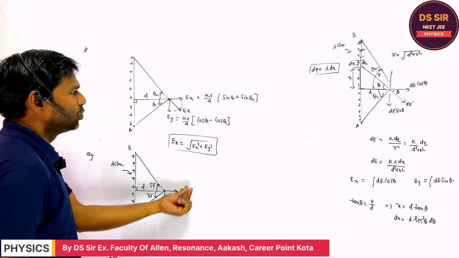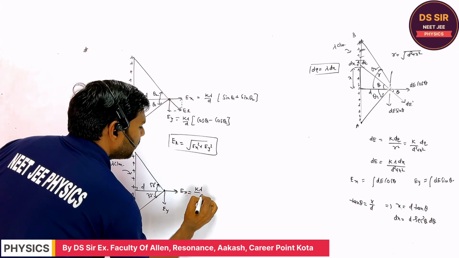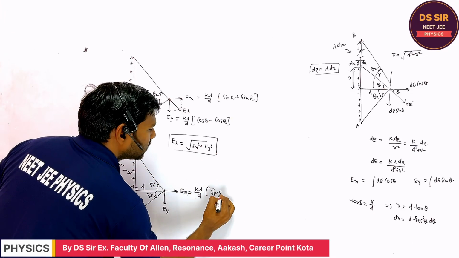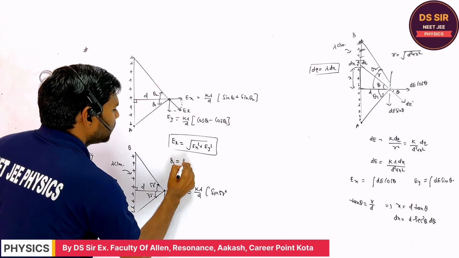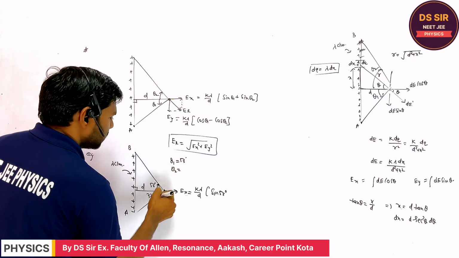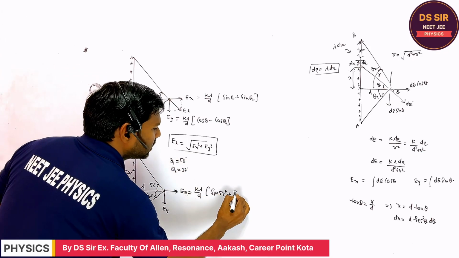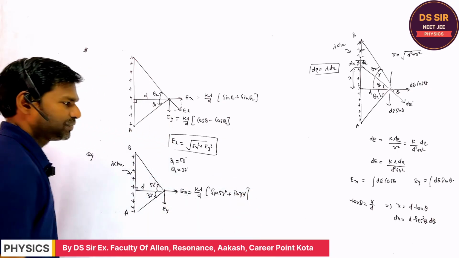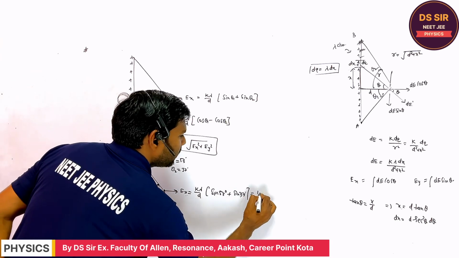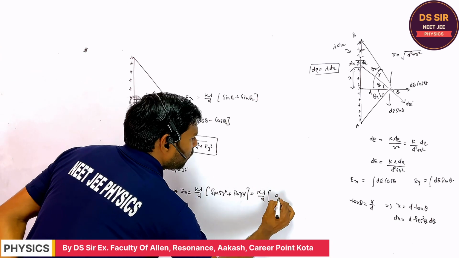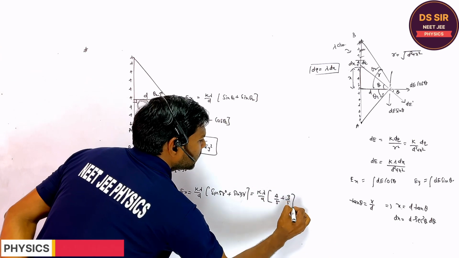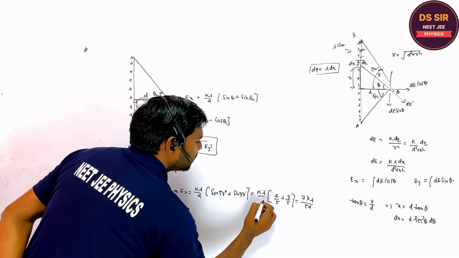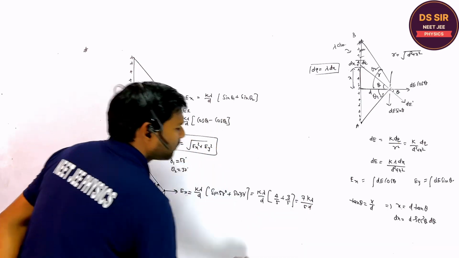The Ex is nothing but, you have to remember this formula, k lambda upon d, sin theta 1 plus sin theta 2. The theta 1 is 53 degree, and the theta 2 is 37 degree. Sin 37 and sin 53. Is it clear or not, you tell? So when you simplify, k lambda upon d, it is 4 upon 5 plus 3 upon 5, which is equal to 7 k lambda upon 5d. Is it clear? This is the 5d.